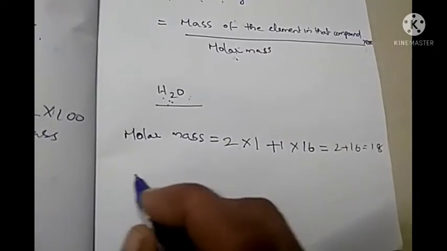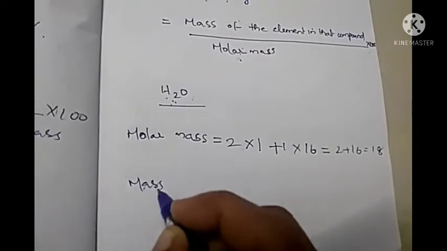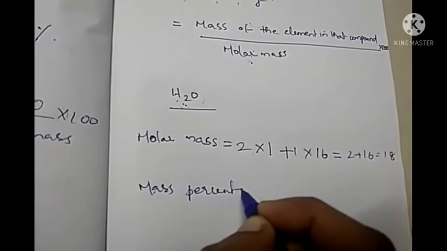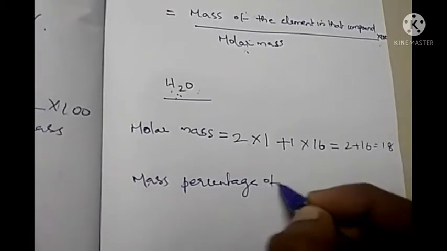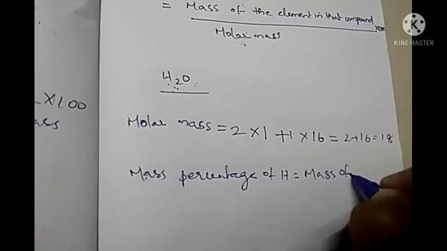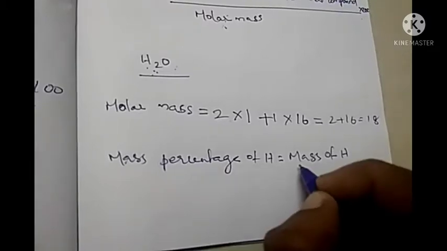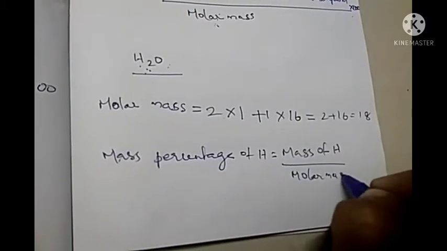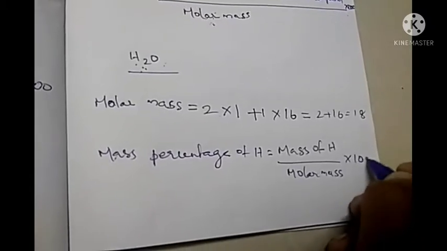First the percentage of hydrogen. Mass percentage of hydrogen is equal to mass of hydrogen in that compound divided by molar mass into 100.